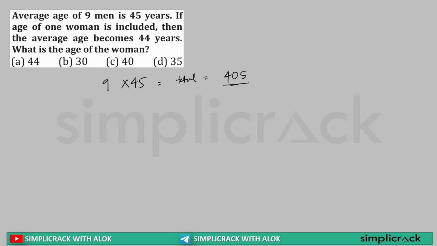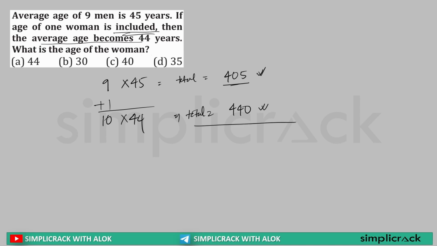Now, if one woman is included, that means plus 1. Average becomes 44. So if one is added, total number is what? 10. New average is, sir, 44. So the total age is 44 into 10, that is 440. Now, here 9 men are there, 1 woman has been added.